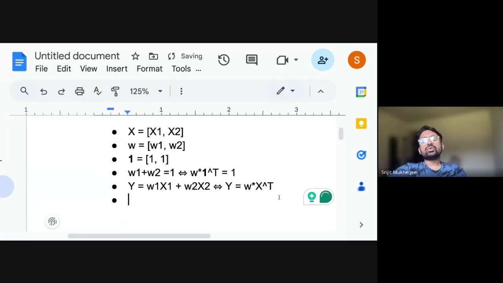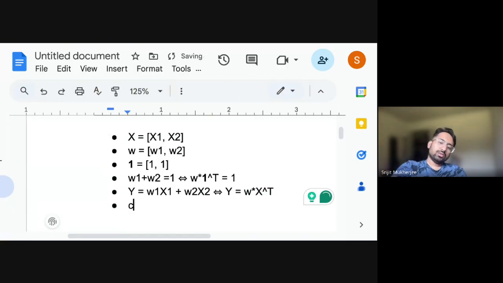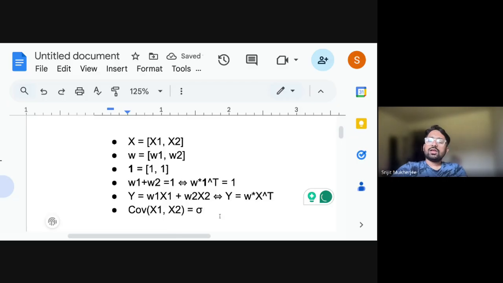Okay, so now what do we have? We have the covariance of x1, comma x2, and let's call it sigma.